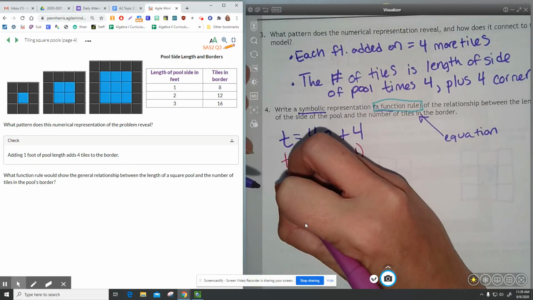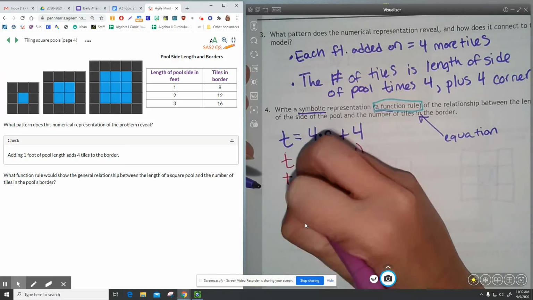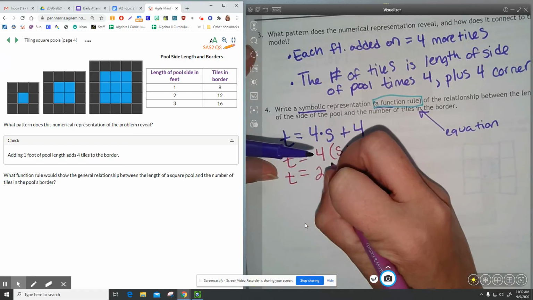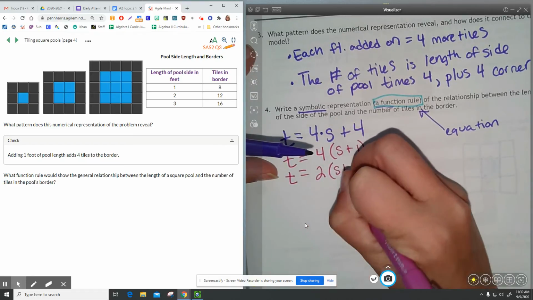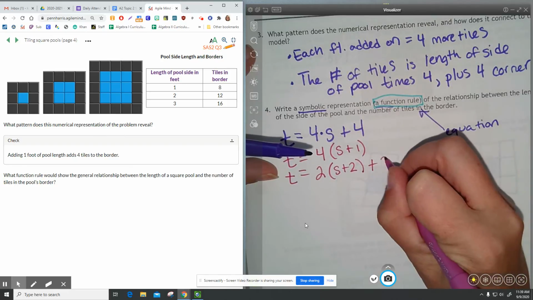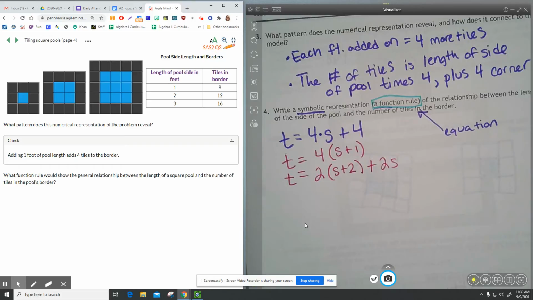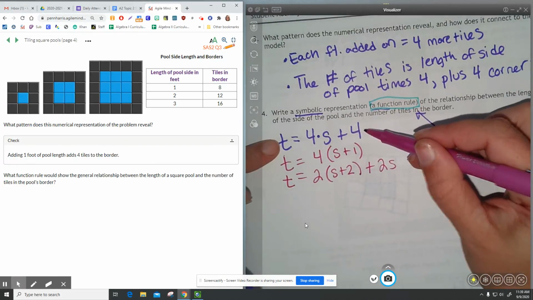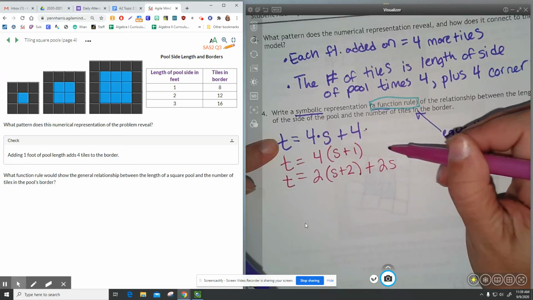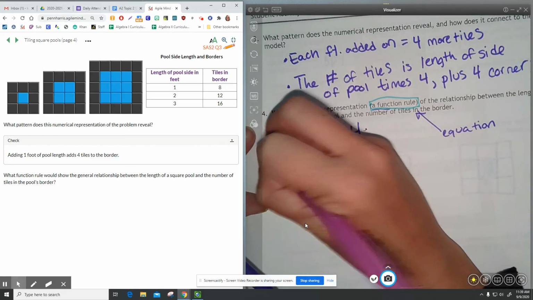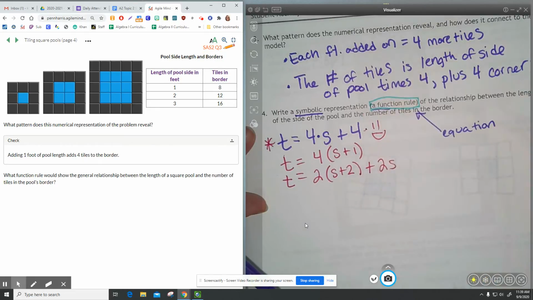Okay, another way you could think about it is my total number of tiles is 2 times all the sides plus 2, the length of the side plus 2, plus 2 times the sides. Okay, that's a whole lot right there. My mind sees just this purple one the best. You may see one of these ones better, but this top one makes the most sense to me. I'm going to put a little smiley face by that one. That's the one that we like, okay?